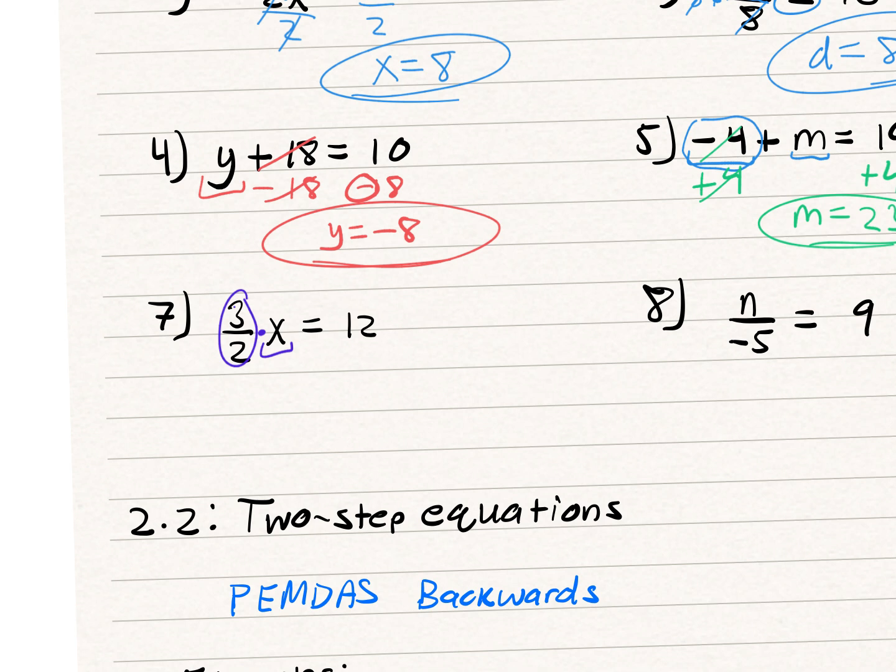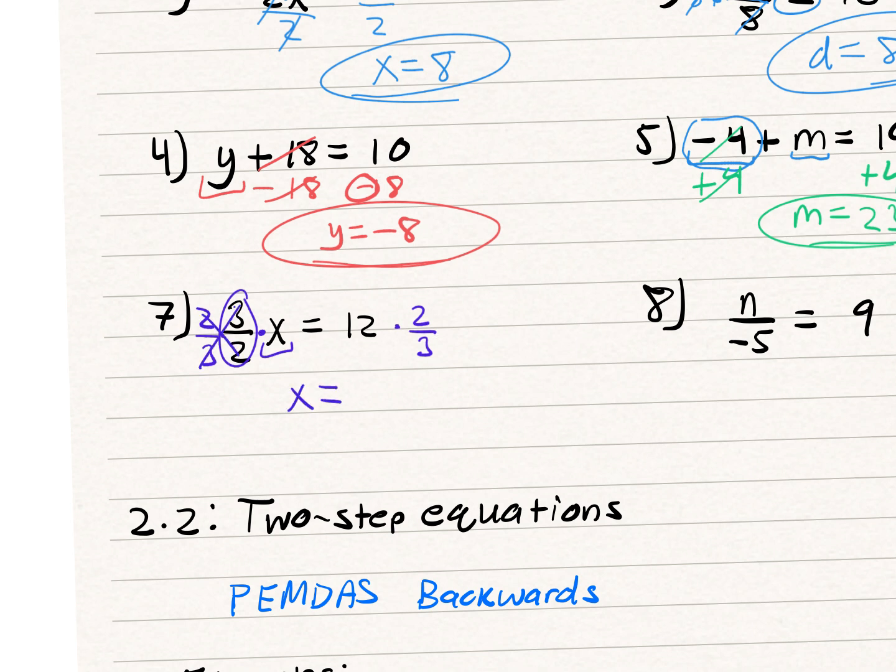And so weeks ago, we covered what we need to multiply a fraction by to get 1, and it's by its reciprocal. If you remember, the reciprocal of a fraction, you just flip the top and the bottom. So here we just multiply both sides by 2/3. 2/3 is the reciprocal of 3/2. And then 2/3 goes away.